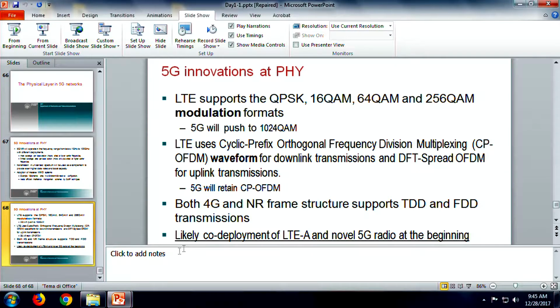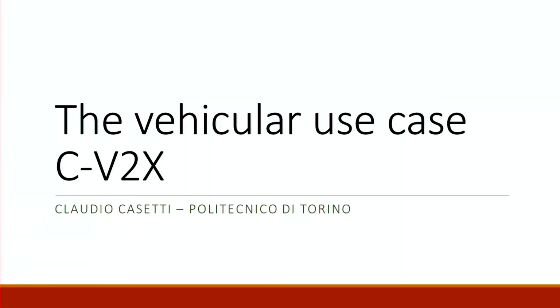Okay. So I'm going to move on to the next topic. I mentioned yesterday that one of the ways in which standardization in cellular networks moves forward is by looking, first of all, at use cases.